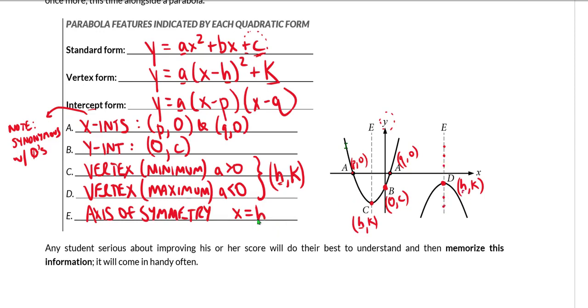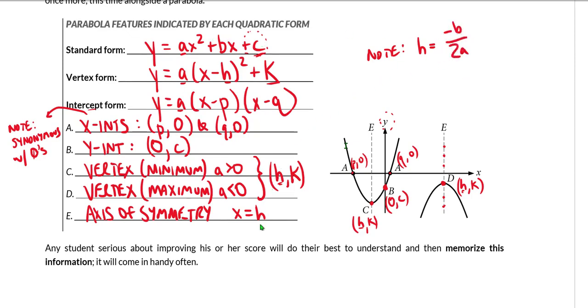I do want to reiterate the point that, I'll write this note down over here, remember that h can actually be found in multiple ways from some of these other forms. Remember that we said that the axis of symmetry could also be found from standard form by doing negative b over 2a.